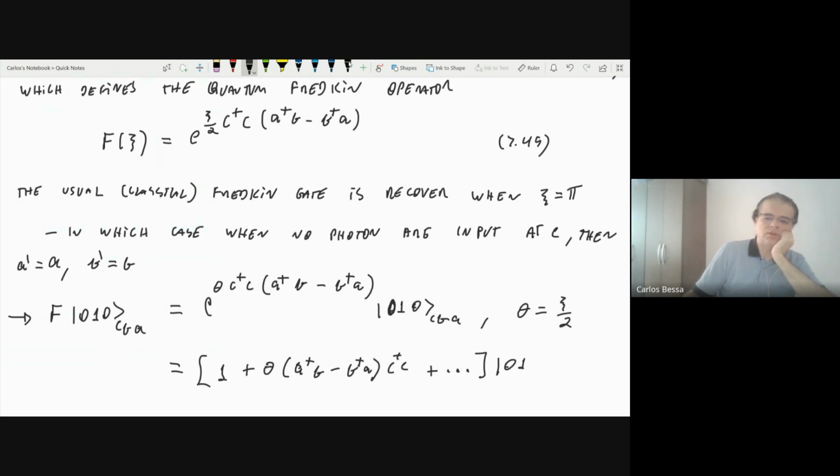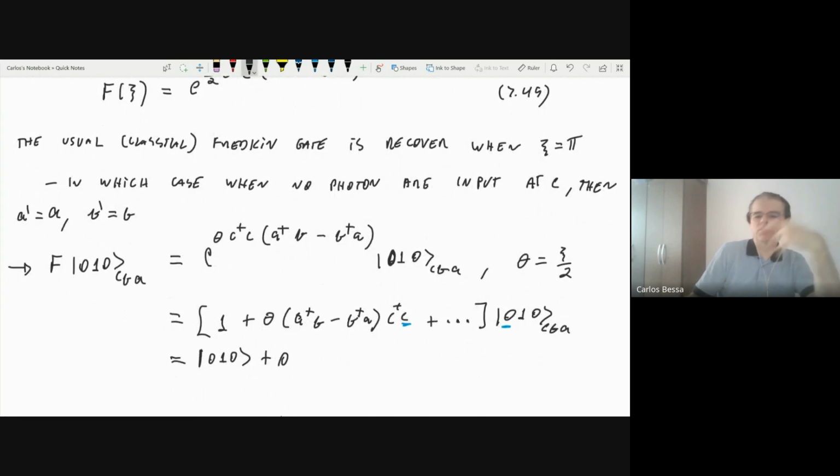Apply to this, BA. So this will give 0, 1, 0. And when we apply C, this C mode here, it's an annihilation, so it annihilates the vacuum, the result is 0. So this is plus 0.